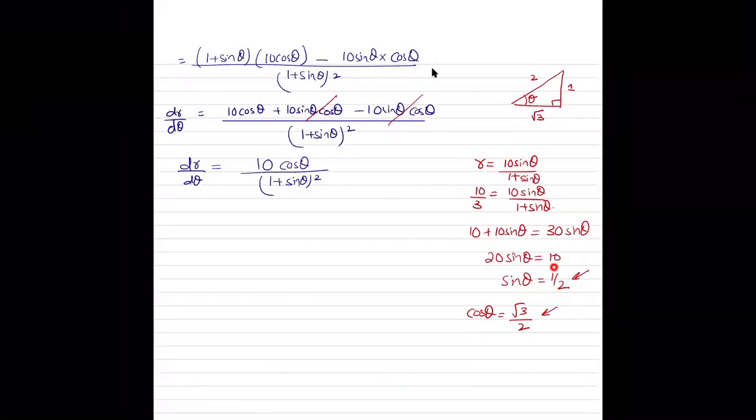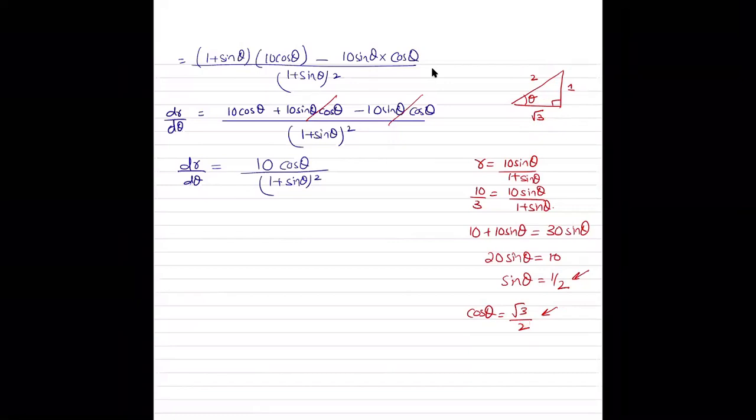So if sine theta is 1 upon 2, that means the length of the opposite to hypotenuse is 1 is to 2. So the adjacent side, using Pythagoras theorem, is going to be the square root of 2 square minus 1 square, which is root 3. Now cos theta is a ratio of adjacent over hypotenuse, so root 3 upon 2 will come. Make sense?